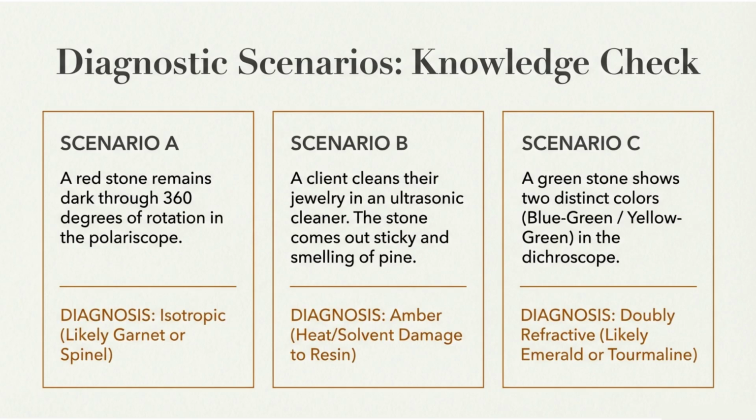Scenario C. The two-tone green gem. Last scenario. You examine a green stone with the dichroscope. Instead of one uniform green, you clearly see 2 different colors in the windows: blue-green and yellow-green. What does that tell you? The stone is doubly refractive and pleochroic, 2 distinct colors.